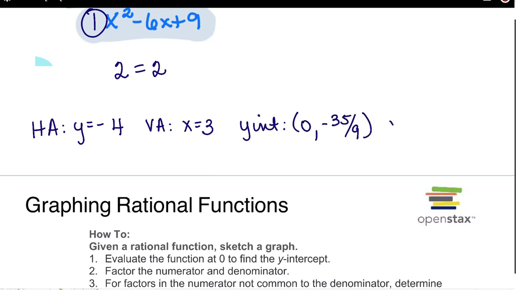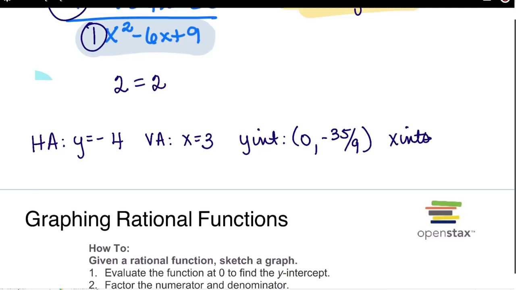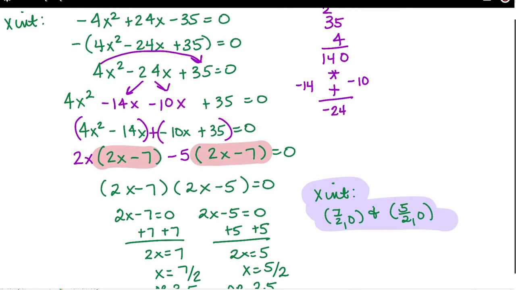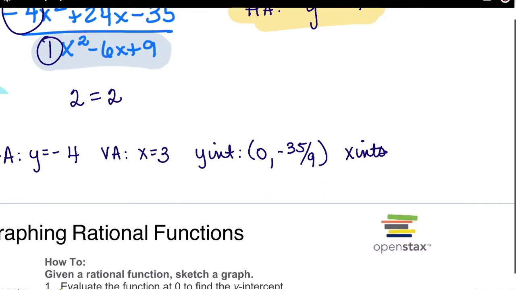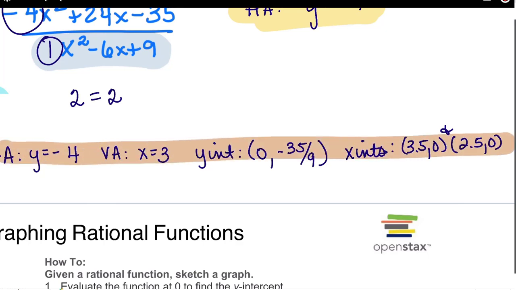And we have x-intercepts at 7/2, 0, and 5/2, 0, which you could also write as 3.5, 0 and 2.5, 0. So there you go. There's all of it.